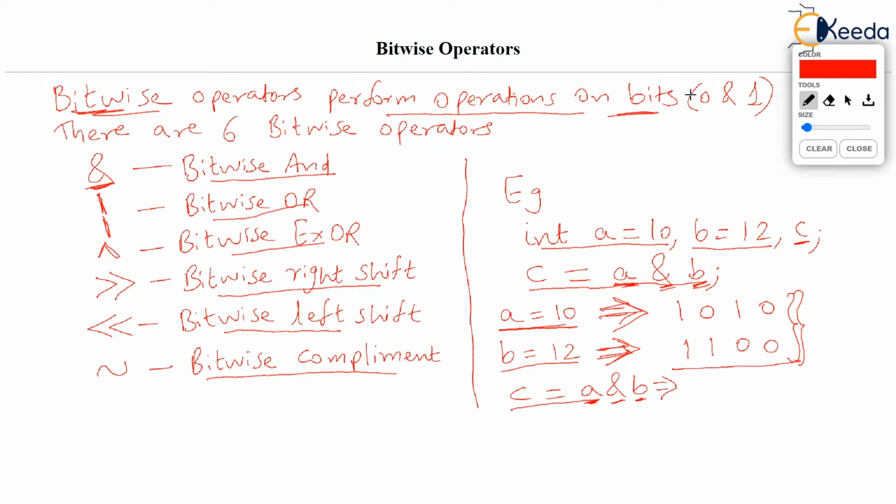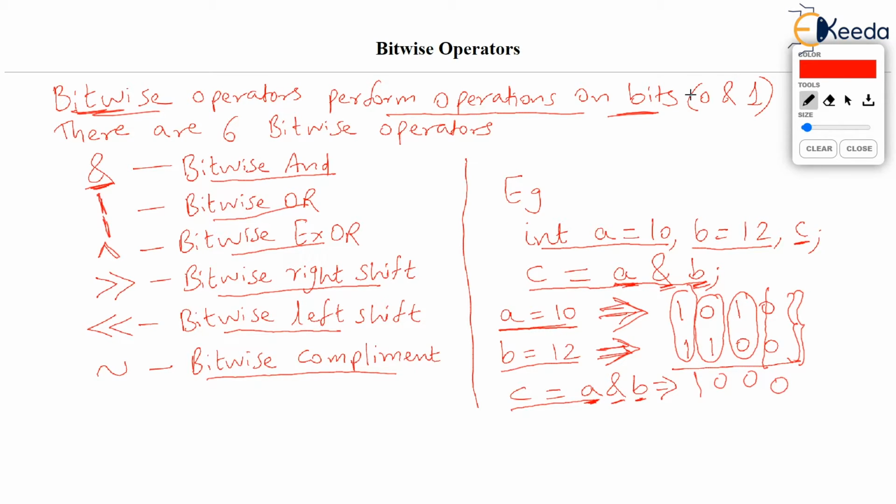So if both corresponding bits are 1, then the output is 1, otherwise the output is 0. So 0 and 0 will be 0. 1 and 0 will be 0 again. 0 and 1 will be 0 again. But 1 and 1 is going to be 1.